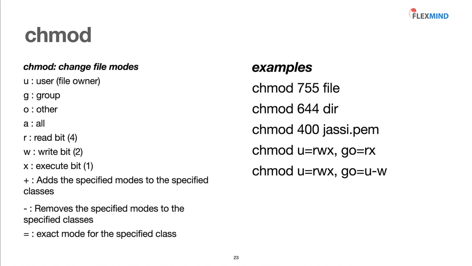Now again we have here u=rwx, where we are saying the user has full permission. Now group and others, whatever permission they had, like here u-w, means whatever permission the owner has, give the same permission to group and others, but remove the w permission, meaning remove the write permission.